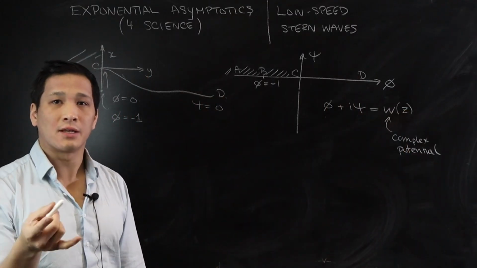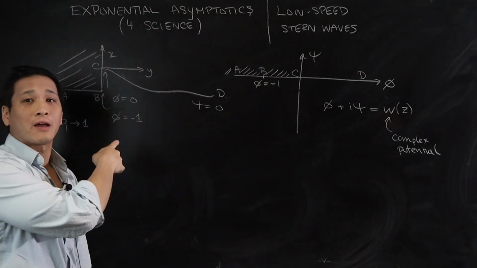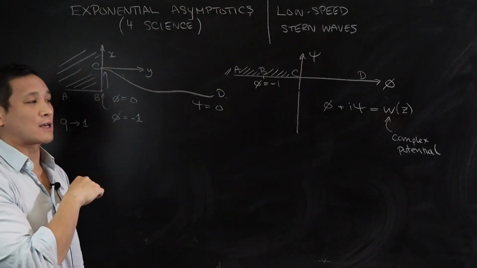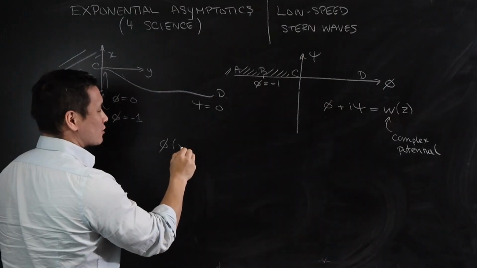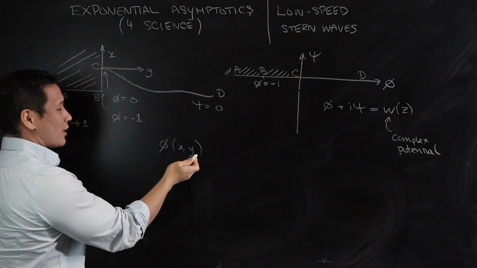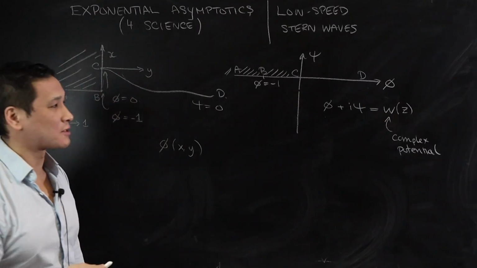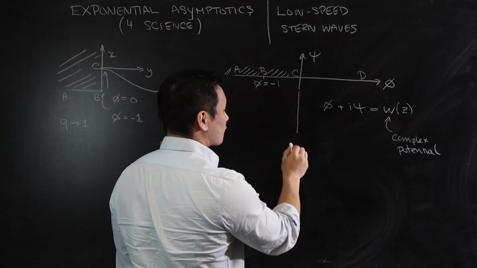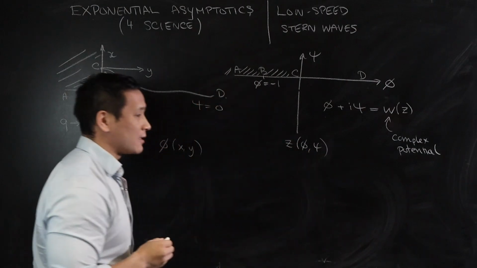To reverse the independent and dependent variables: usually in this problem you think of phi as the unknown, phi as a function of x and y. So x and y are the independent variables, and phi is the dependent variable. But it's useful for us to think of z as a function of phi and psi instead.